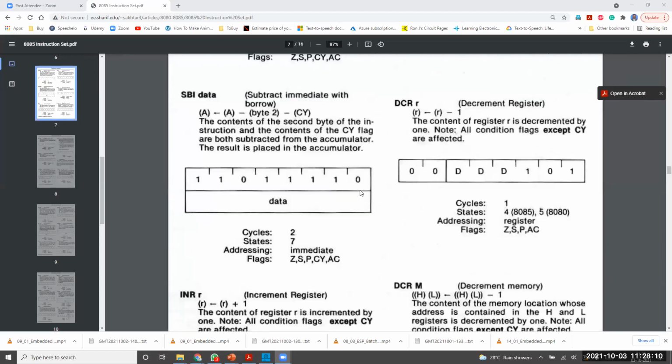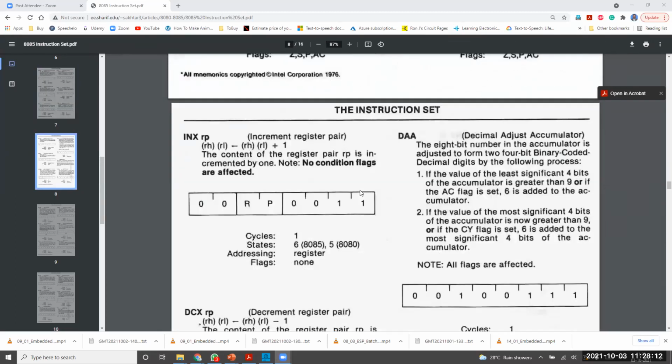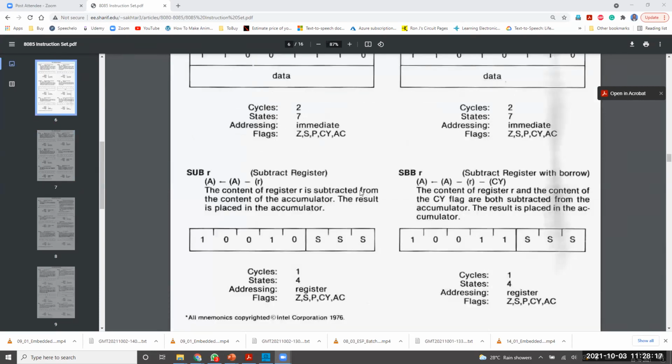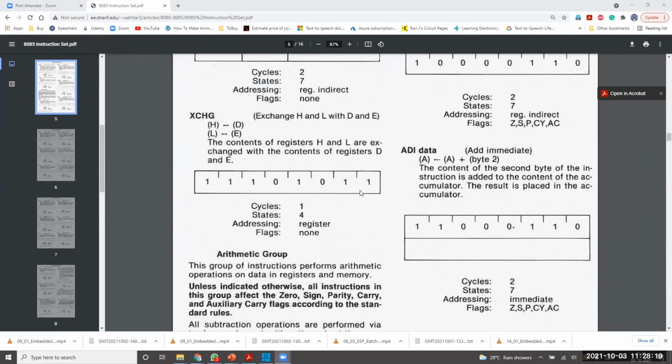Like this, this is all from my 30 years of experience. This is from memory. Let me check the data sheet, 1 minute. I want to prove it to you right now from the data sheet. Yeah, the instruction is XCHG only.